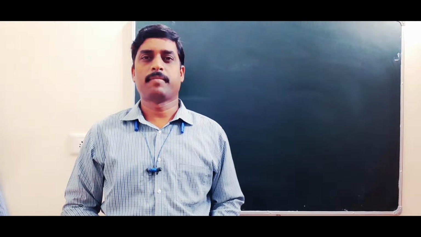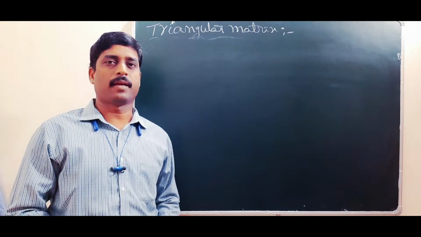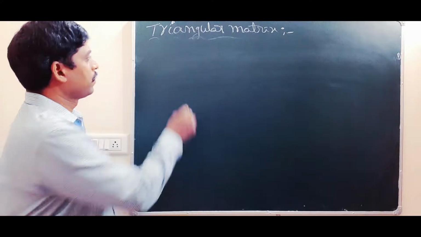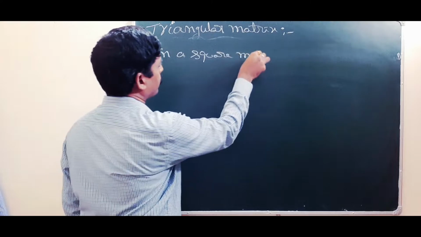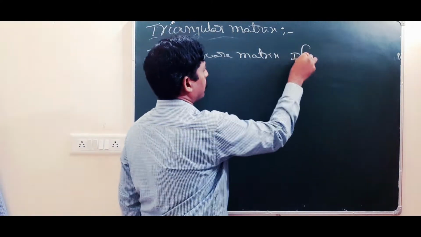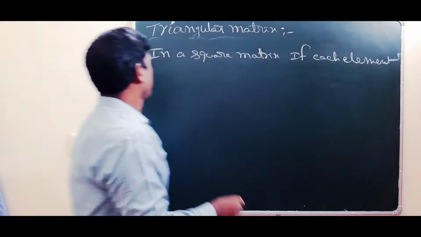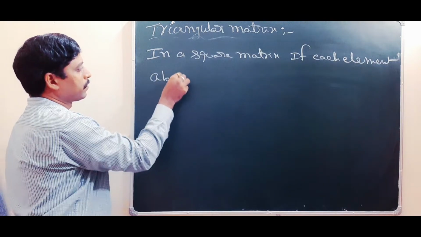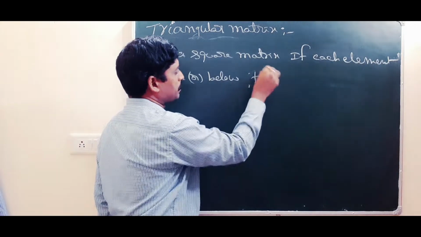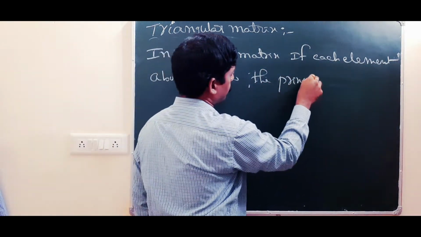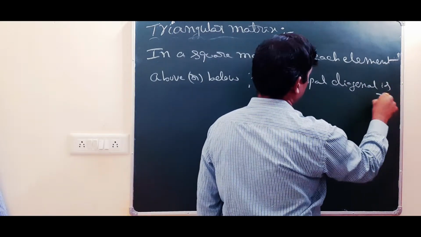Today I would like to explain the matrices concept. Now, explain triangular matrix. What is a triangular matrix? In a square matrix, if each element above or below the principal diagonal is 0.